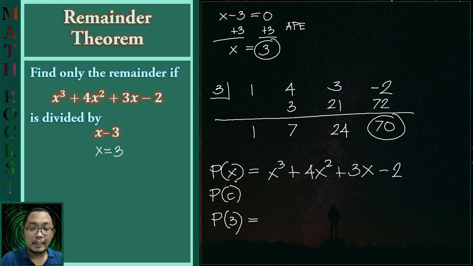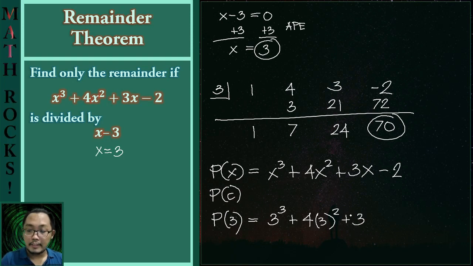Doing so, we have to change all the x's in the polynomial p of x with such value of the constant. We have this x be equal to 3, as well as this x be equal to 3, and we are simply writing the remaining parts of this polynomial. And then again, we have the x be equal to 3, and now we will have this resulting equation.